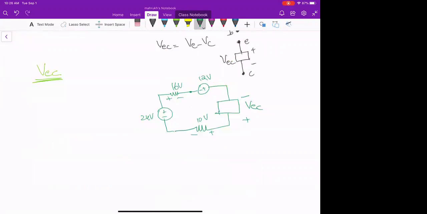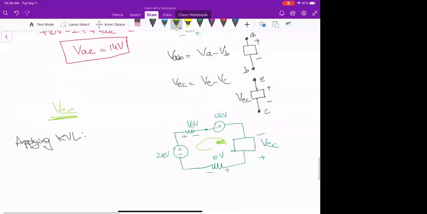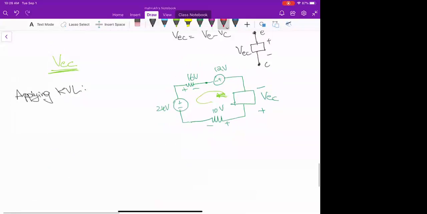Right? So we have to write the equation for VEC, applying KVL. Draw the loop direction, whatever arrow is like that. Okay, and then write the equation. Minus 24 volts plus 16 volts minus 12 volts minus VEC plus 10 volts is equal to 0.